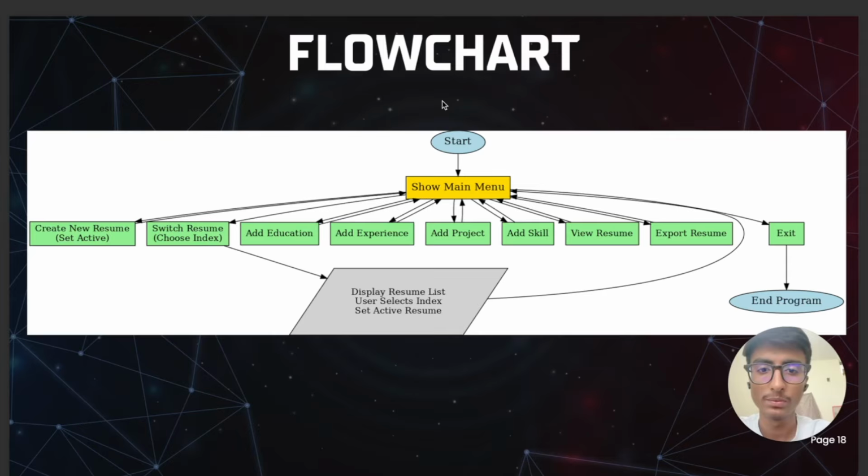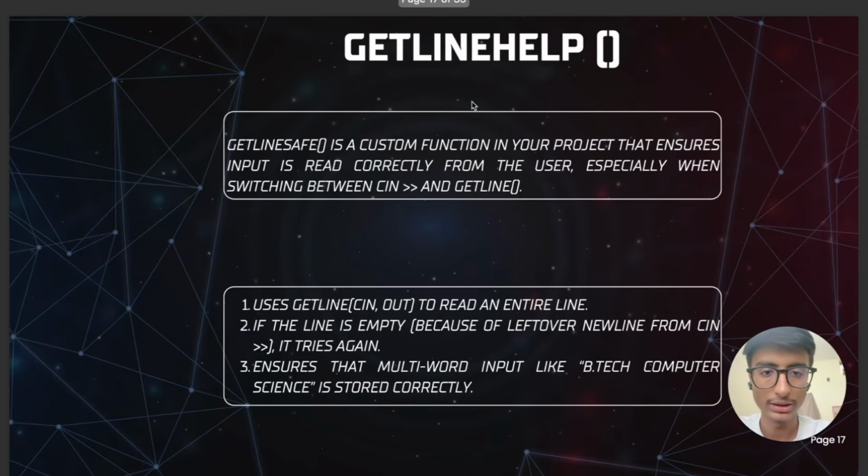One more function we have used in our project is getLine help. In C++, one common problem while taking user input is mixing cin with getLine. Cin reads only up to the first space, while getLine reads the entire line including spaces.